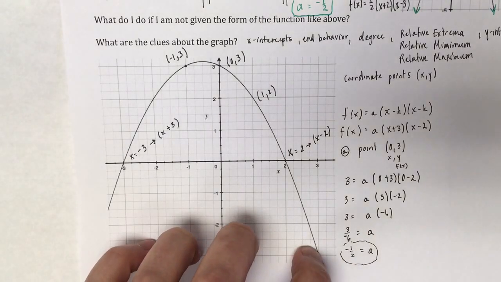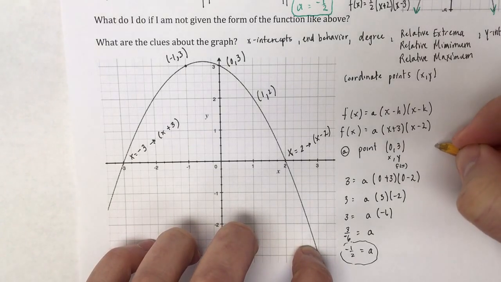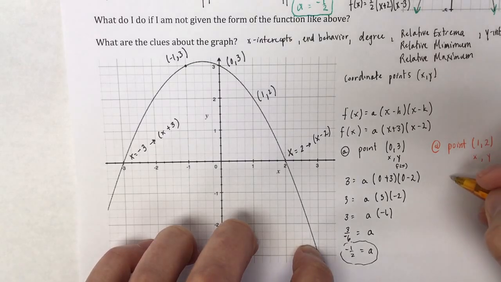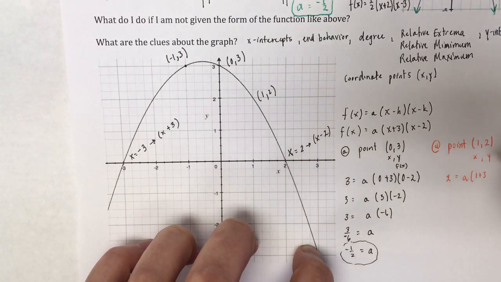What I want to compare that to is what happens if I work with a point that's not the y-intercept. So I'll pick the point (1, 2). And what does that tell me? That x equals 1 when y equals 2. So 2 equals a times 1 plus 3 and 1 minus 2. 2 equals a times 4 times negative 1.